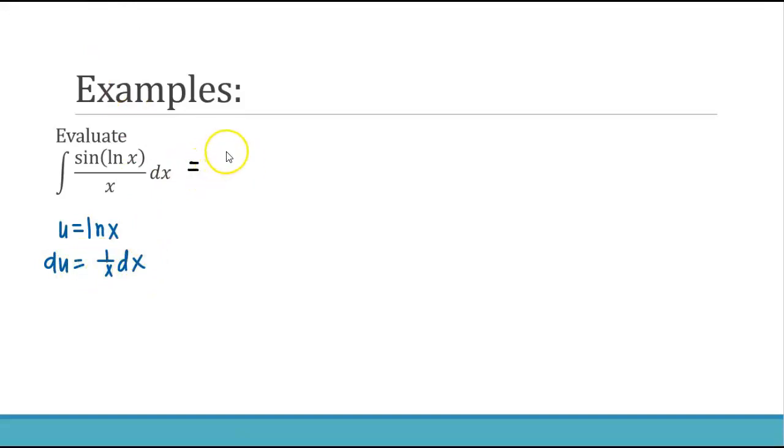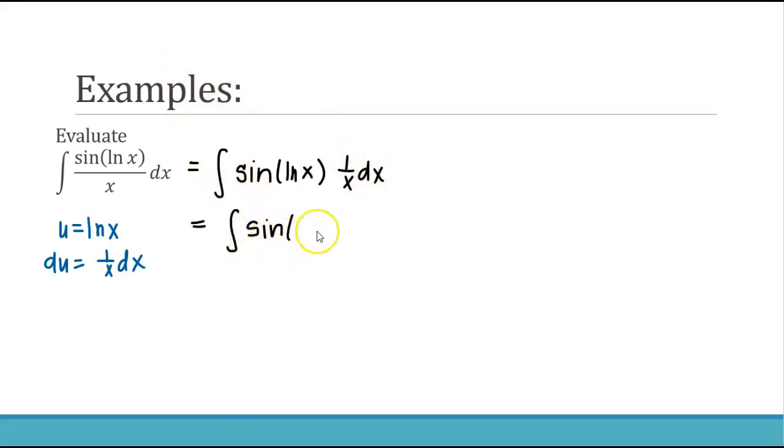So now I'm going to go ahead and rewrite my integrand for this one, just to help see it a little bit better, that this is sine of ln x times 1 over x dx. So my integral is going to become sine of u, and then 1 over x dx, well, that's my du.